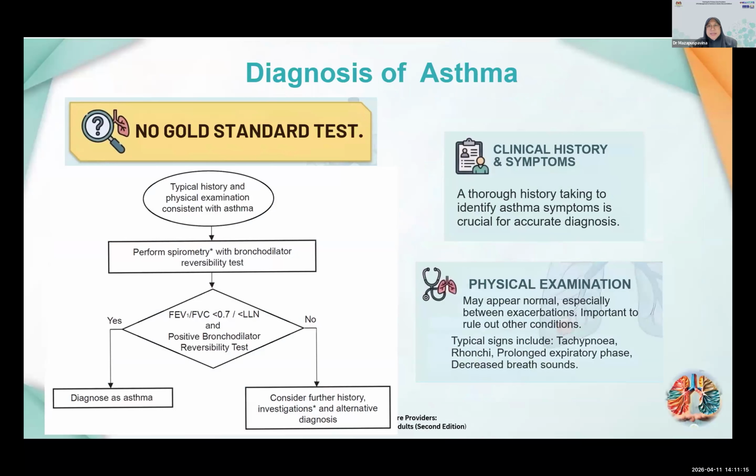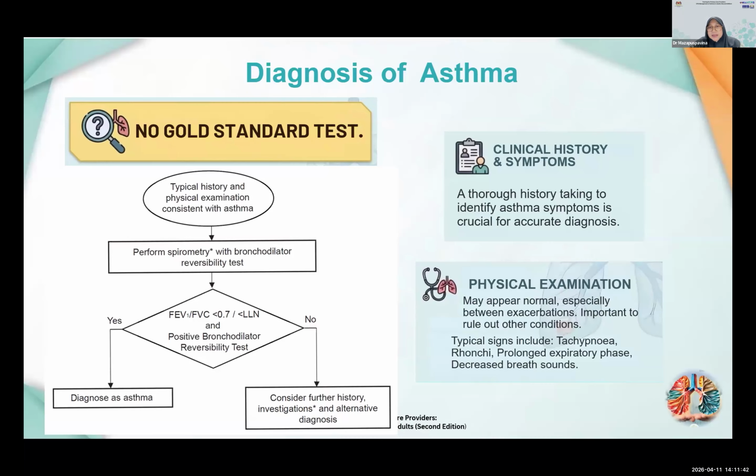So how to diagnose asthma? We know asthma is based on clinical history and symptoms. So a thorough history taking to identify asthma is crucial for accurate diagnosis. Okay, so when you do the physical examination, the patient might appear normal because of the variability of symptoms, especially between exacerbations. So it is important to rule out other conditions if you are in doubt.